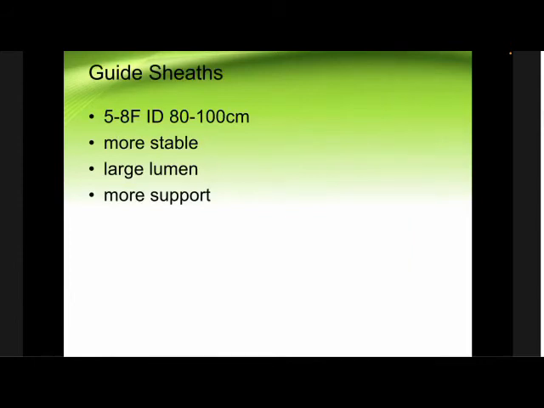The next group of guiding catheters is the guiding sheath, which is relatively more stable, has a larger lumen, is available in different diameters and lengths, and gives more support for passage of more devices through it.